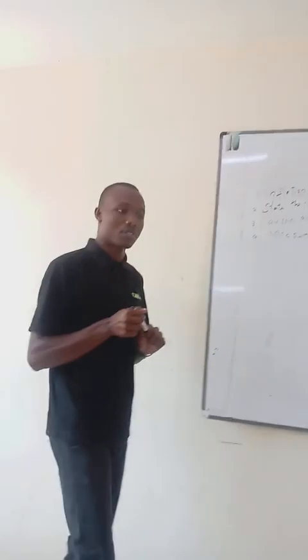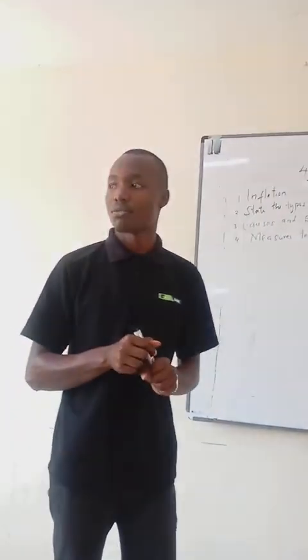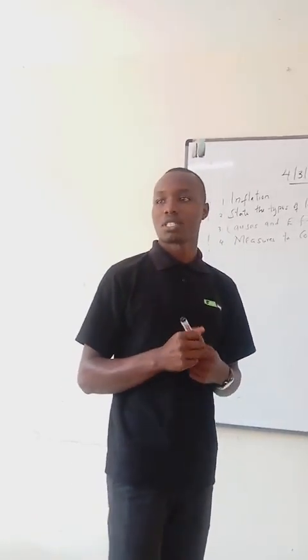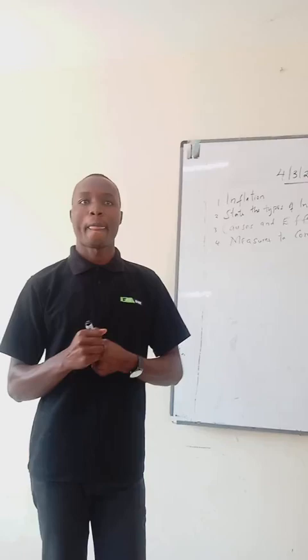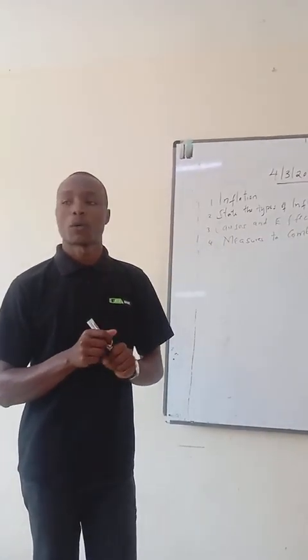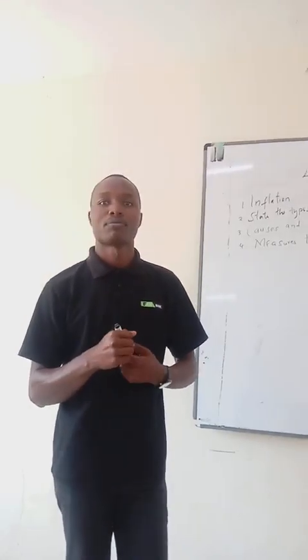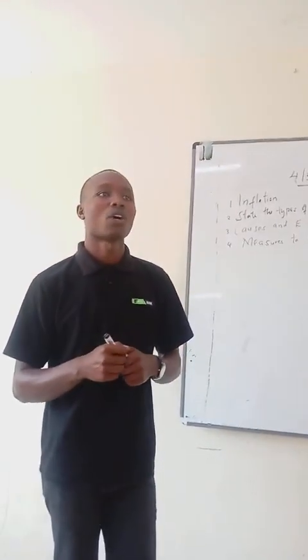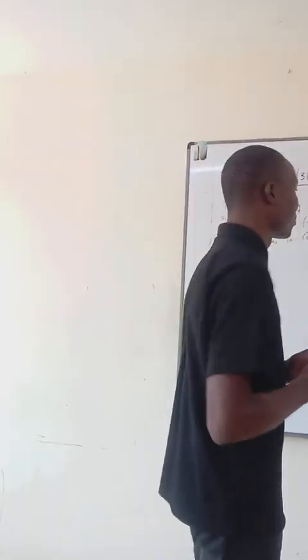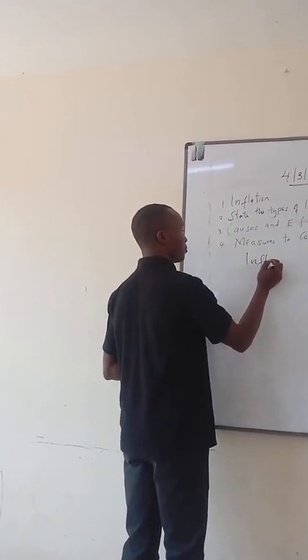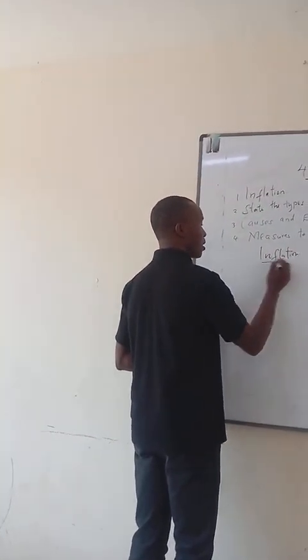Now from the scenario, what is inflation? What do you think inflation is? You can try. Collins? Inflation is a persistent rise in prices of goods and services over a period of time.